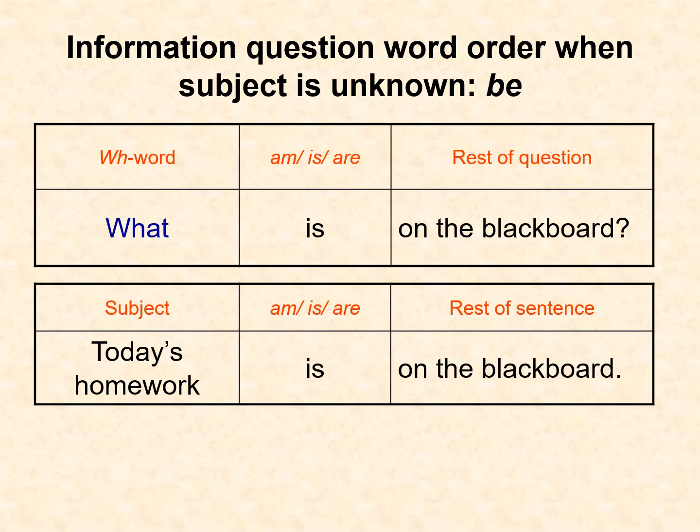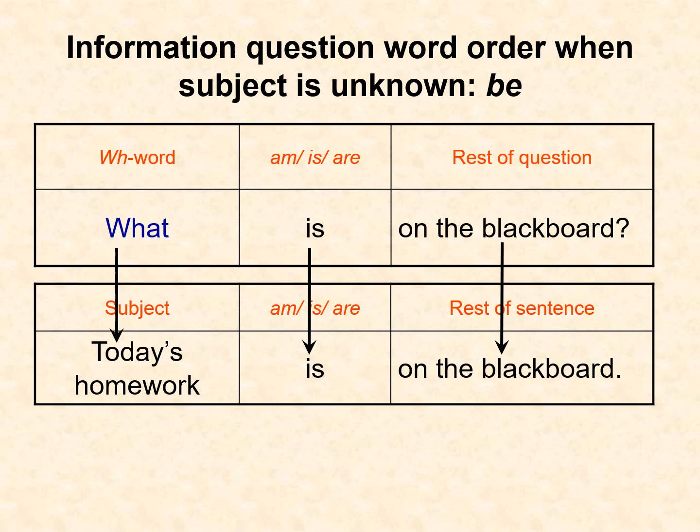If you look at this example, what is on the blackboard? In that sentence, there is no subject, or you could say the word what is in the subject position. So in the statement, today's homework is on the blackboard, today's homework goes in the position of the subject, so that in the question, what is in that subject position.